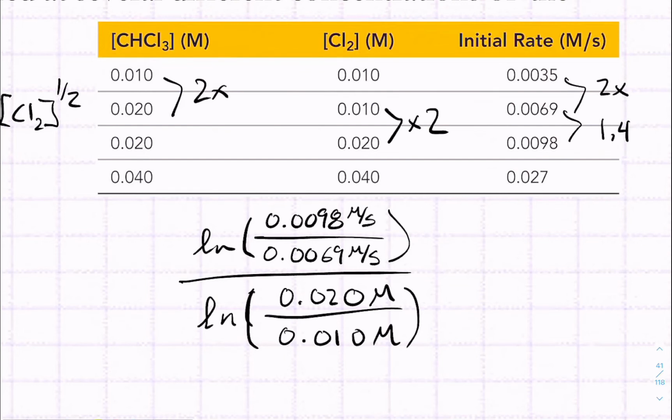Crunching numbers. Yeah, that's better. We only have 2 sig figs, so I guess we'd have to call this 0.51, but there you get that half.